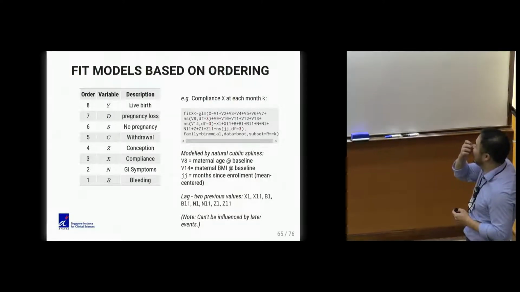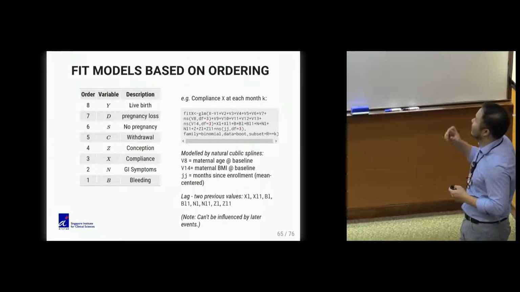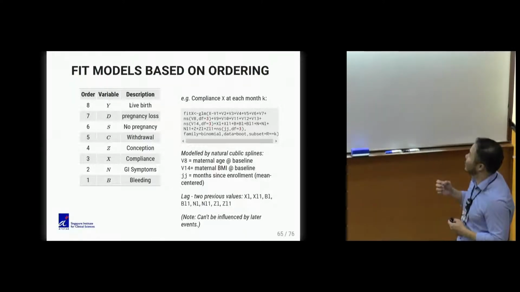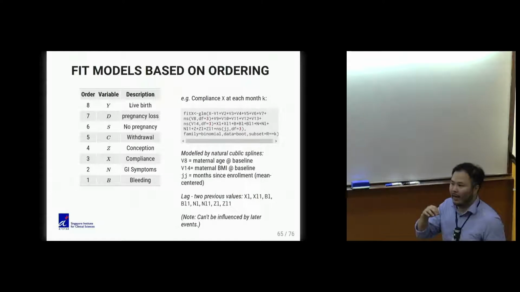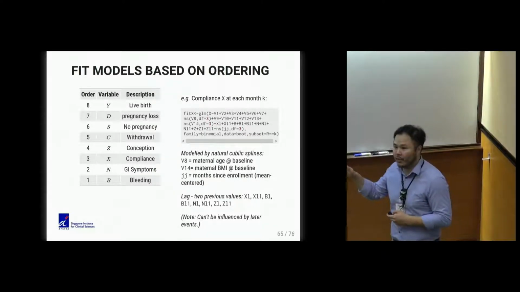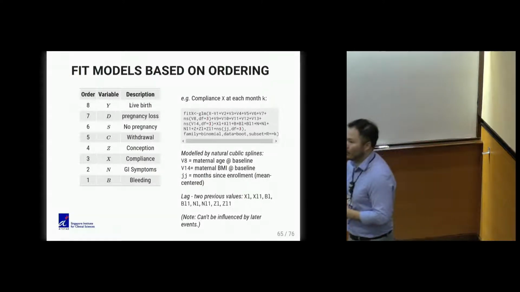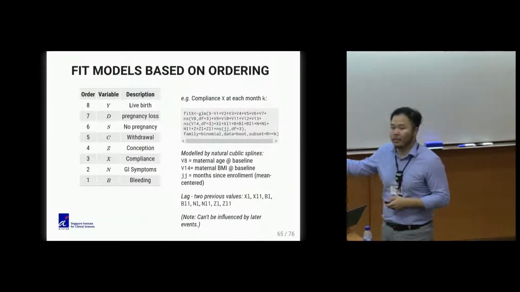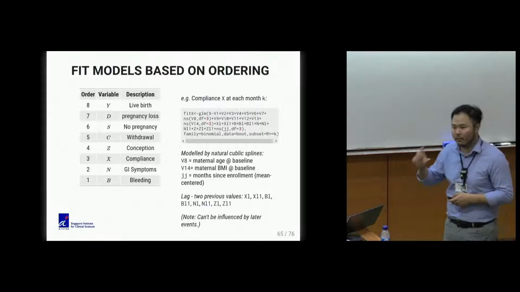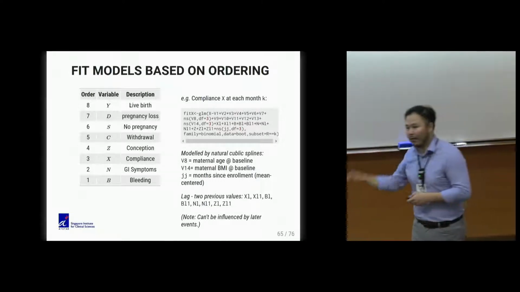Rather than just including the binary variables or just including the continuous variables, they've done a little bit more flexible modeling, which is that maternal age at baseline, its effect on compliance may not be linear. It may change over time. So you might think, for example, if someone is older, their compliance may reduce over time, whereas for somebody who's younger, that compliance may not change. So just some flexible modeling about the relationship between age at baseline and the compliance over time.